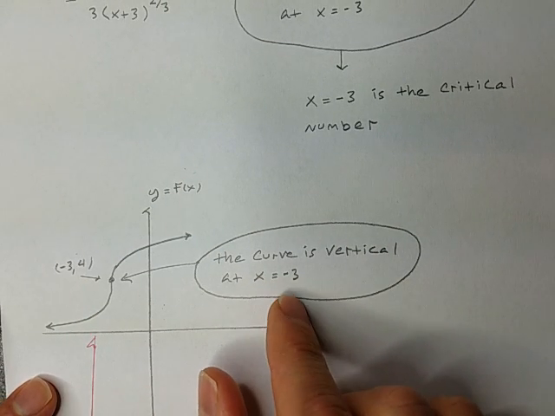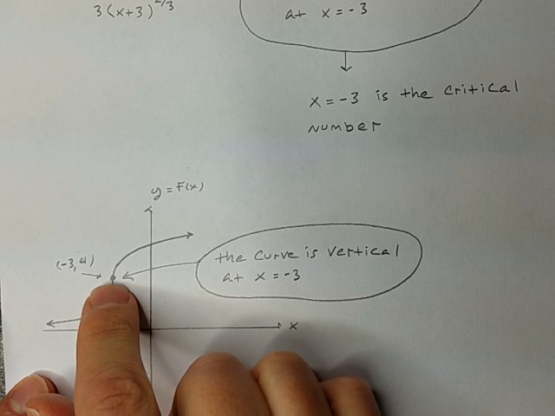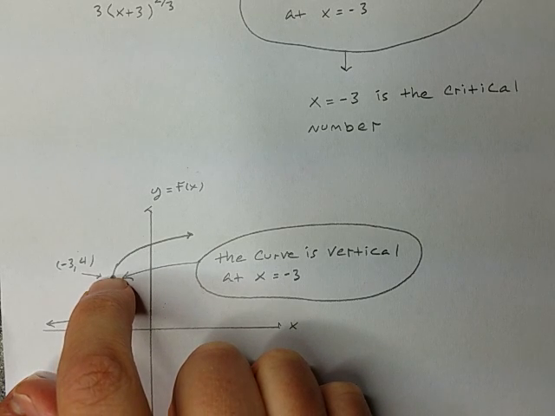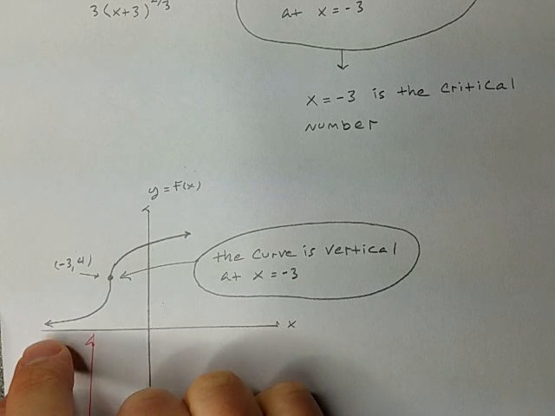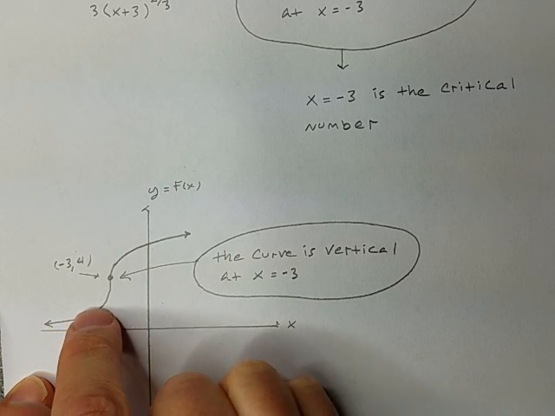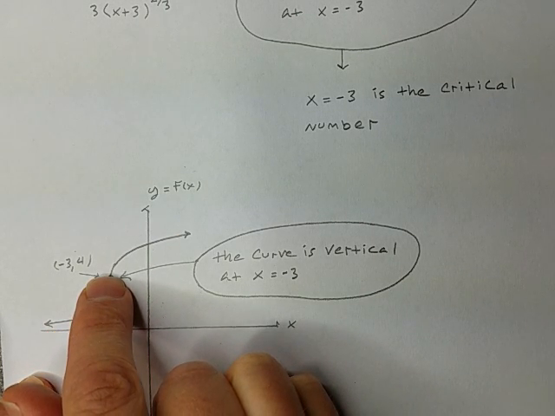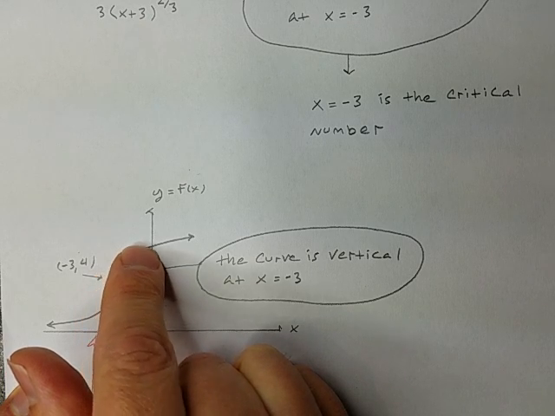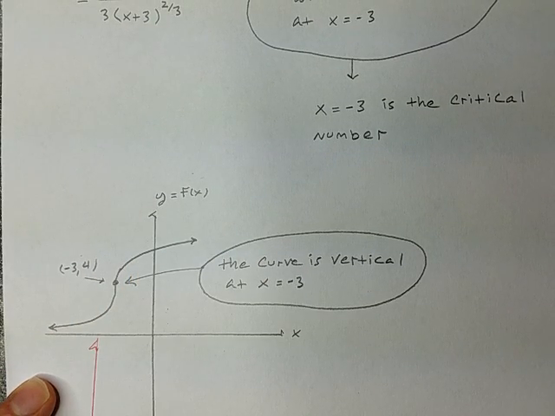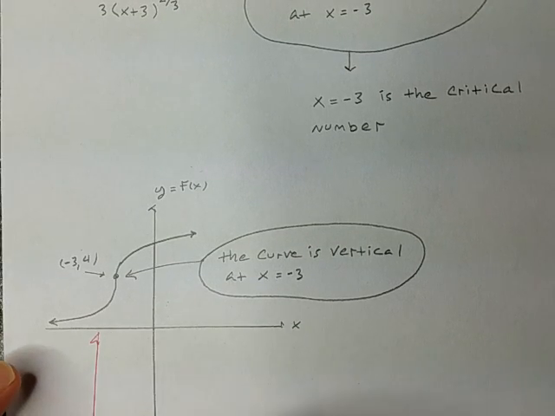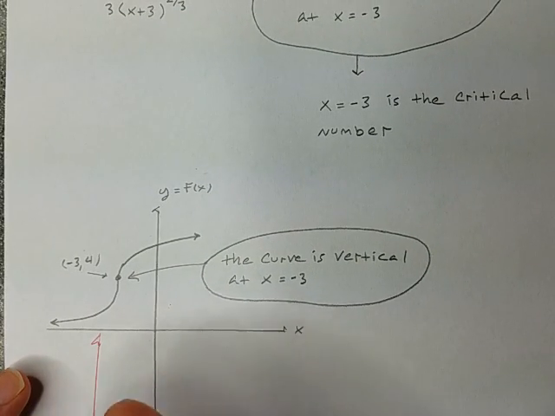But for our purposes now, we'll say it's vertical right there at -3, and then it falls off a little bit and continues to rise. Okay, so it's not very steep. It gets steeper and steeper and steeper. It's vertical. It gets less steep and flattens out a little bit, but it's rising the whole way through. Okay, so if that's the shape, is there a local max or min?